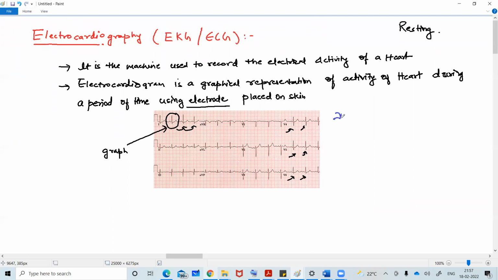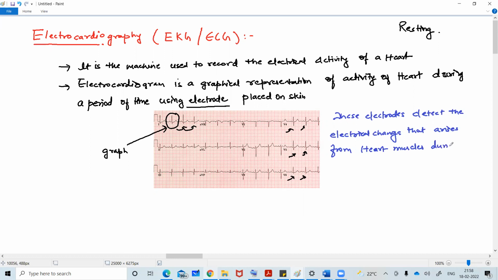So you can say that these electrodes detect the electrical changes that arise from heart muscles, during depolarization and repolarization.